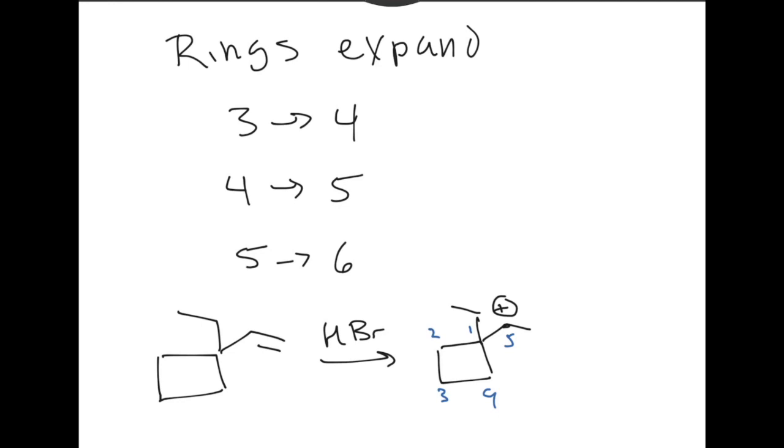So what you're doing here is you're going to break the bond between carbon 1 and carbon 4 and make a bond between carbon 4 and carbon 5. So the electrons that are in this bond right here are going to shift out and add to that carbocation. And here's why numbering is handy.